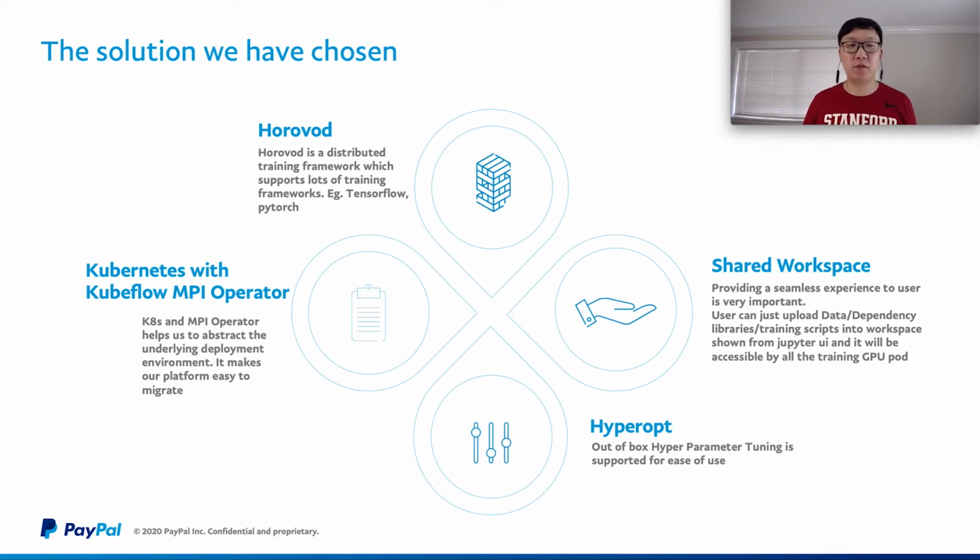And also we have chosen Kubernetes with MPI operator because it provides a good abstraction of the GPU resource allocation and the job scheduling logic. It also decouples us from the underlying deployment environment, which makes our system very easy to migrate.